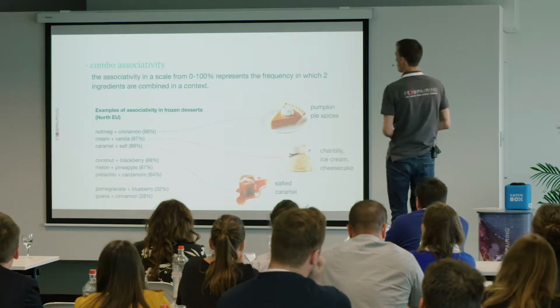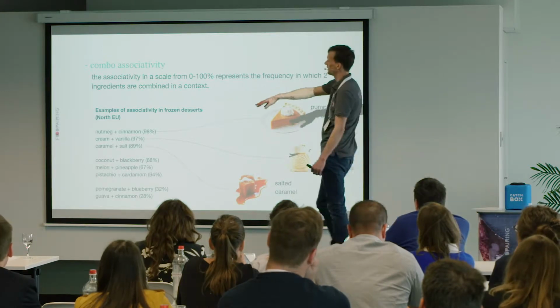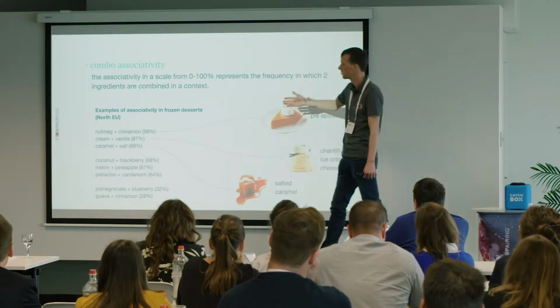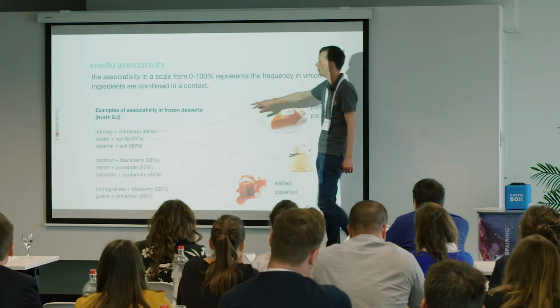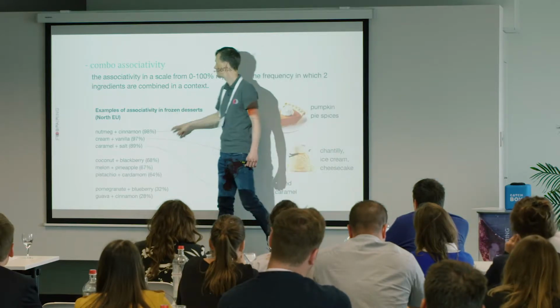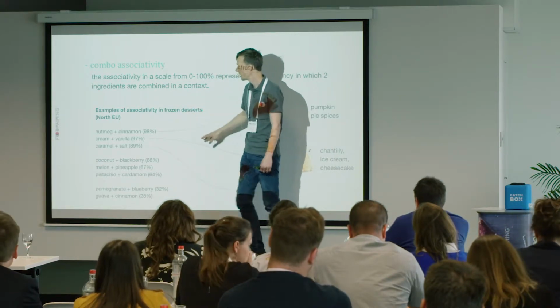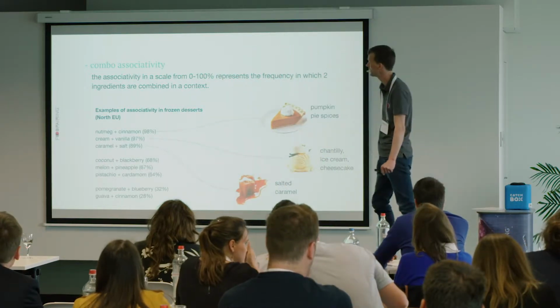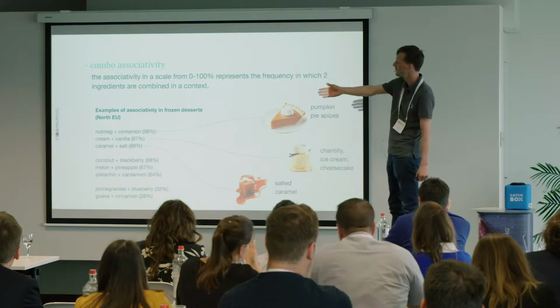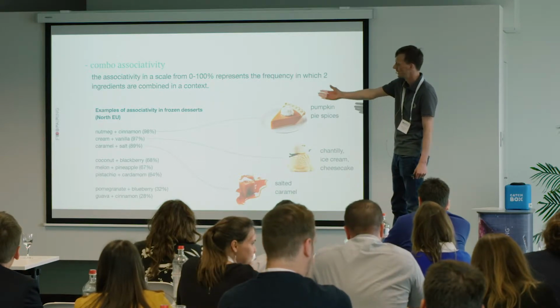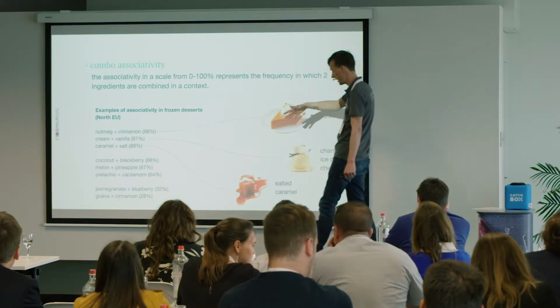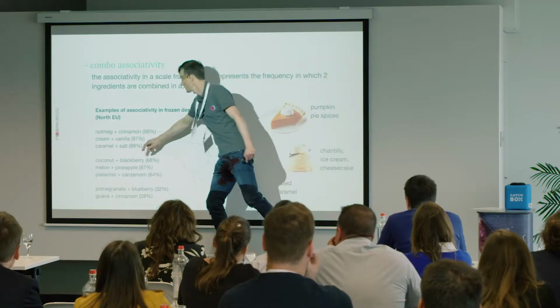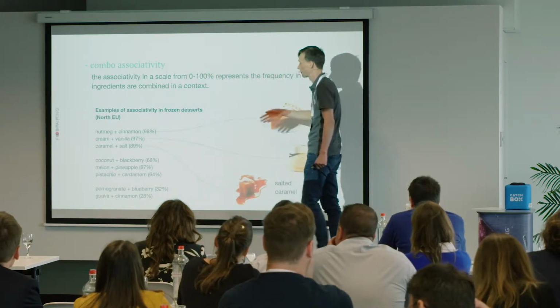To give you an example, nutmeg and cinnamon are very much associated when we look at the north of Europe, specifically in frozen desserts. Nutmeg and cinnamon is the most associated combination. Or cream and vanilla, or caramel and salt. A bit less, but still highly associated.